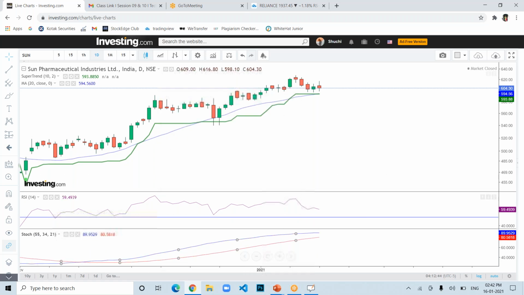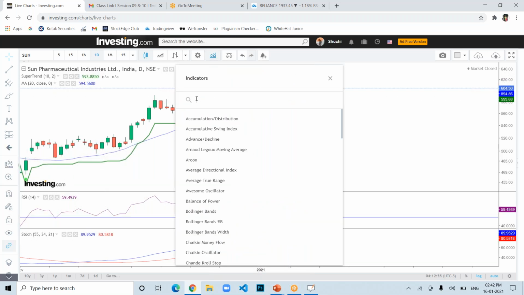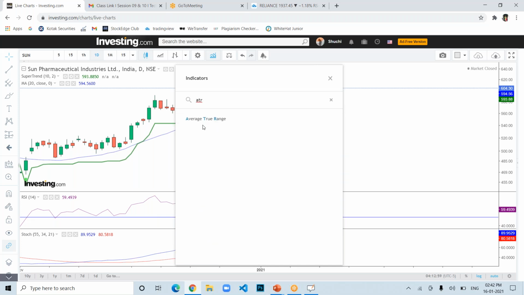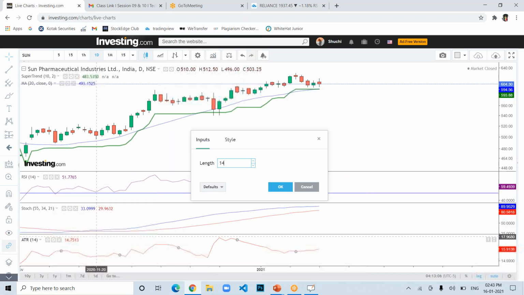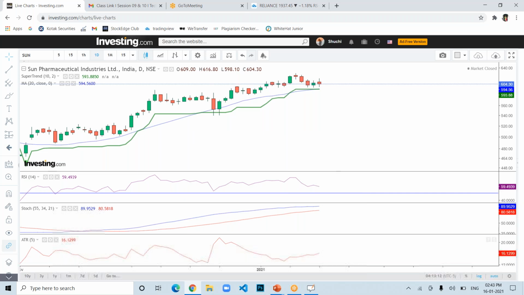These are my Fibonacci numbers, right? Then last but not the least, I will plot the average true range, ATR. This is only to find out the stop loss and the target. I will change the ATR to 5 period. This is the 5 period ATR which I have plotted.